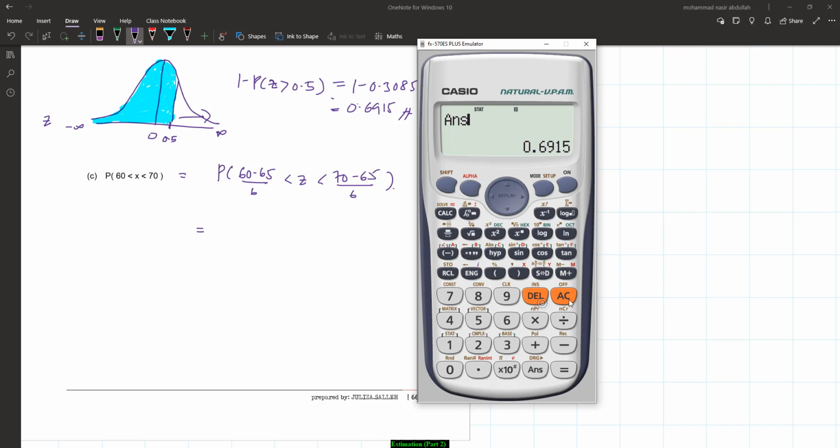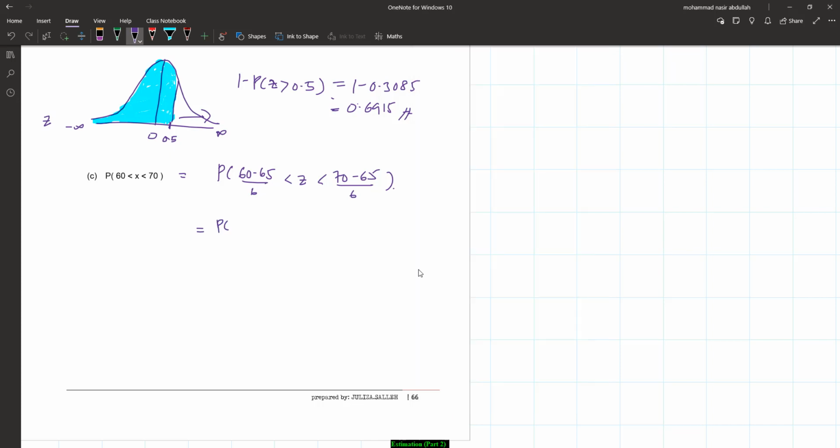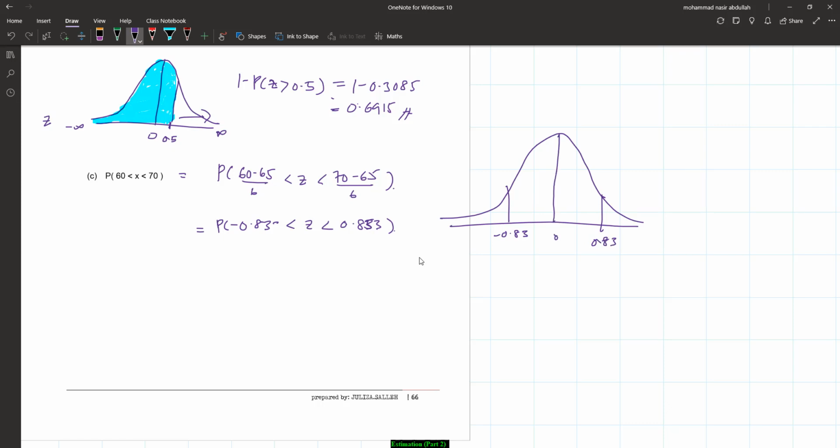Negative 5 divided by 6 is negative 0.83, and the other is also 0.83. So the region will be from negative 0.83 to 0.83, with 0 in the middle. This is the region that we want to find.